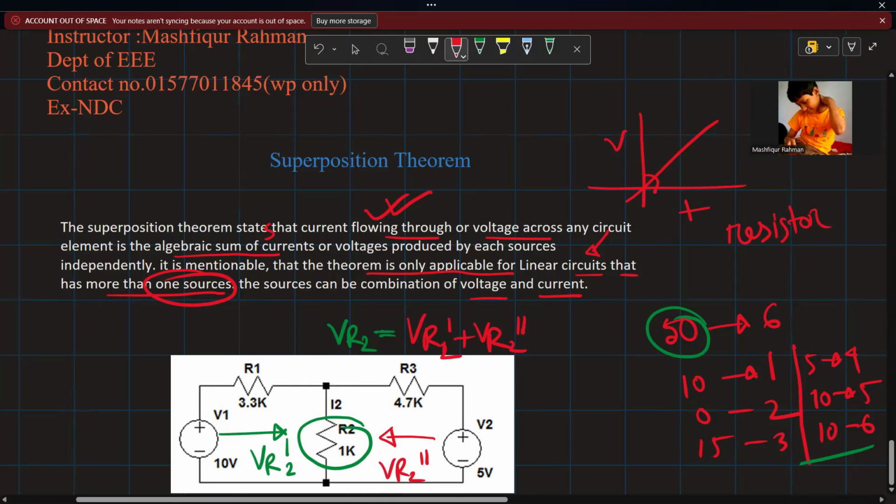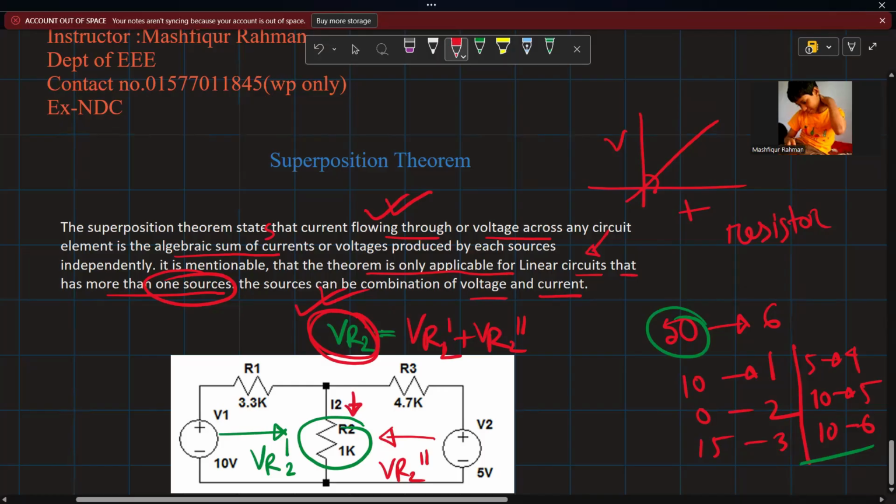That means the total voltage across the R2 resistor is the algebraic sum of the voltage across R2 due to the 10 volt source, VR2 prime, and VR2 double prime, due to the 5 volt source. I guess the equation makes more sense. What about current?